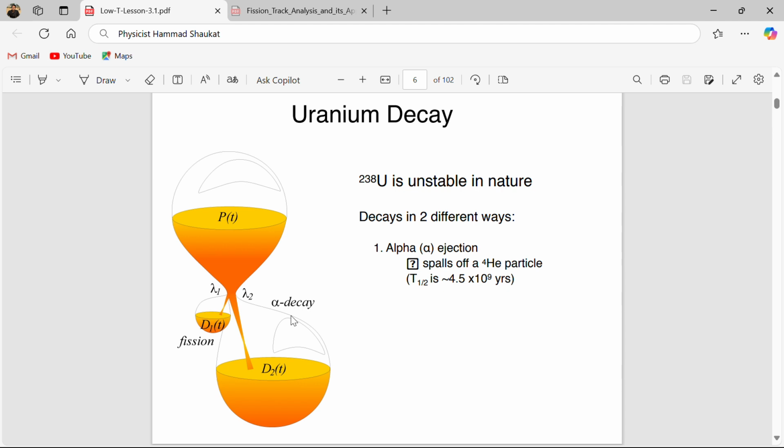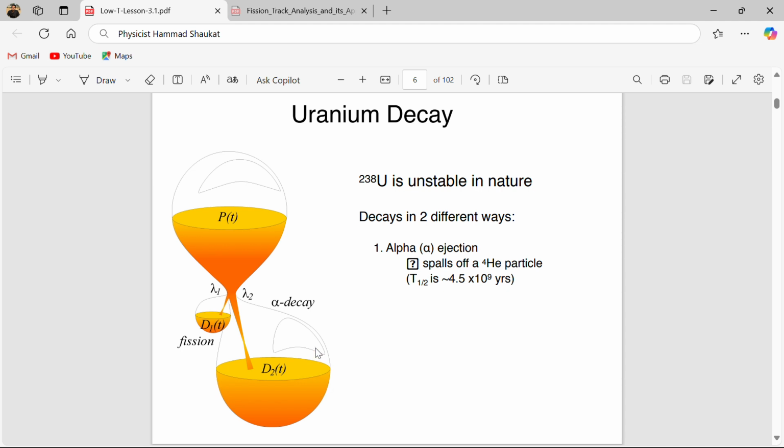Alpha decay is the direct decay of uranium 238, with the ejection of a helium particle, and fission takes place only a little bit. So that is how uranium 238 decays in two different ways. Alpha decay is the direct decay, and there is a fission decay with a small contribution, and the half-life is basically 4.5 times 10 to the power 9 years.